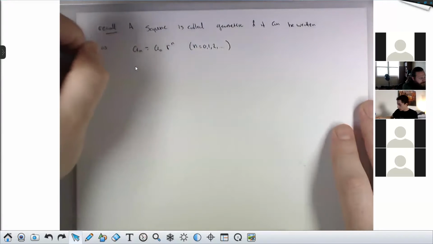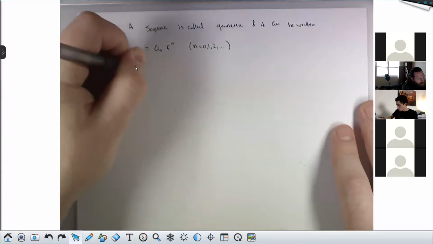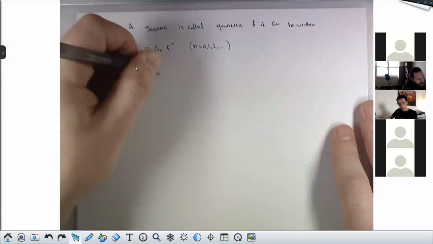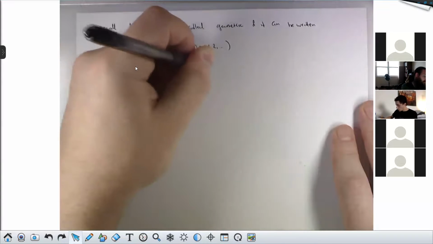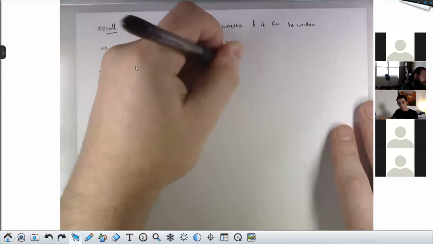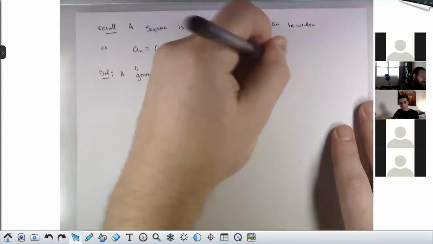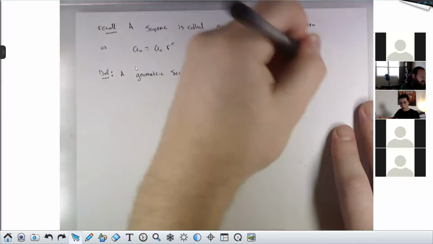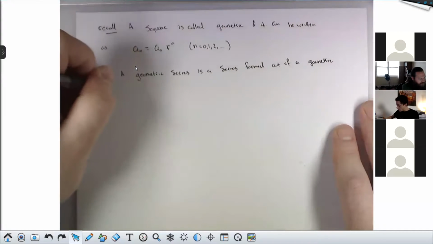A geometric series is a series formed out of a geometric sequence.